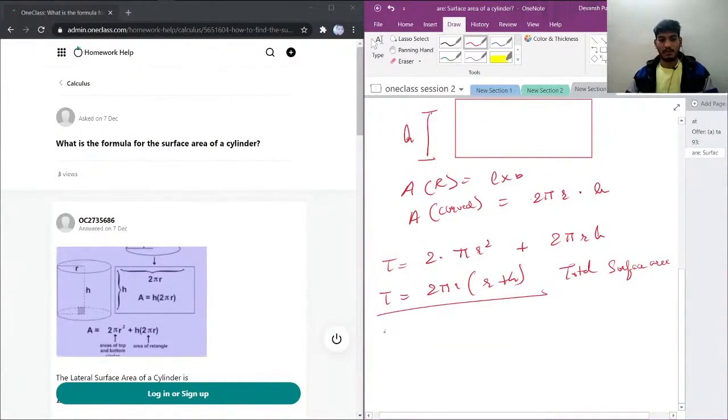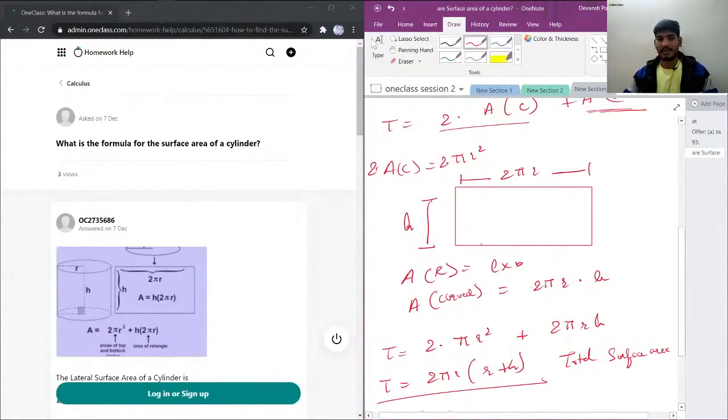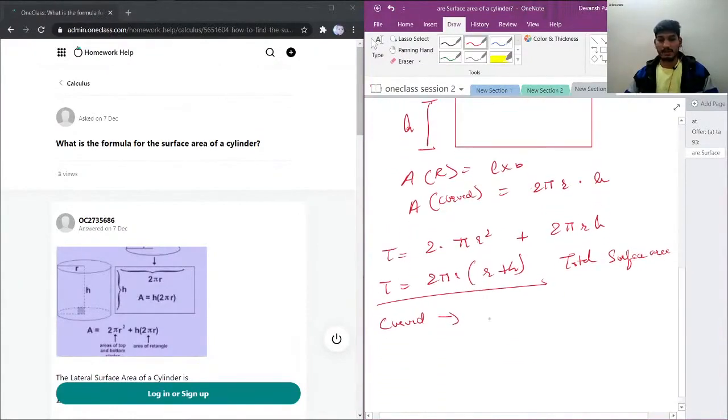Now we have one more surface area, which is curved surface area. This curved surface area is nothing but the area of this rectangle. Curved surface area is just 2 pi r times h.